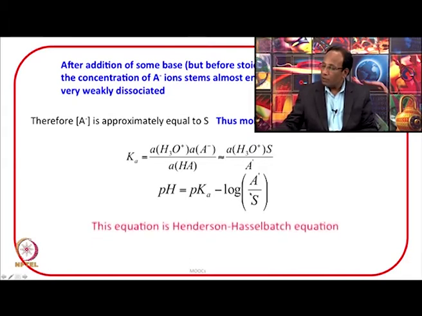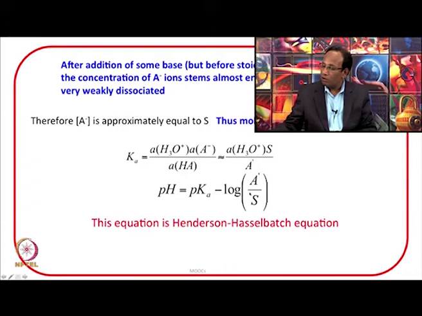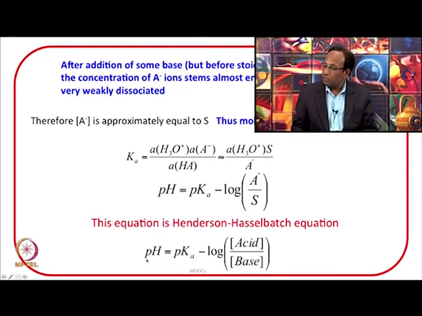A very important equation, this is called the Henderson-Hasselbalch equation, which is written as pH is equal to pKa minus log concentration of acid divided by the concentration of base.